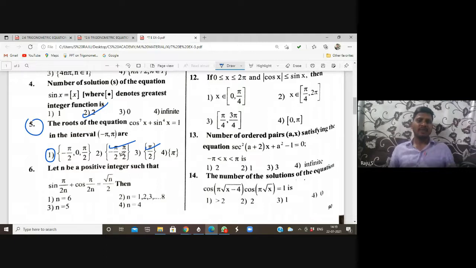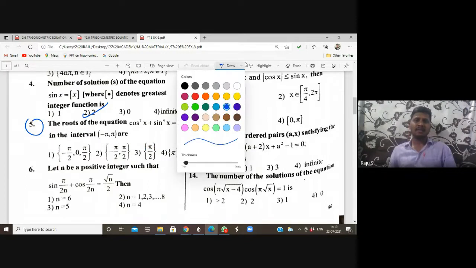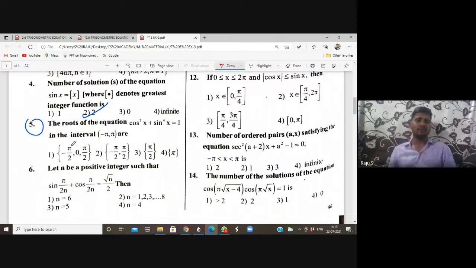First, you have to check the first option alone, because it contains minus 90, plus 90 as well as 0. Substitute minus 90 here. When x is equal to minus 90, is LHS equal to RHS? Just do option verification.